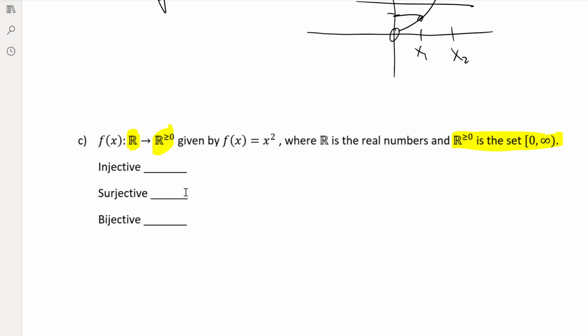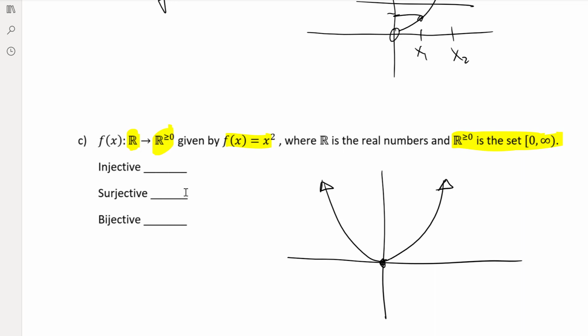What about with that domain and range and this rule? Is this function injective, surjective, or bijective? So once again, of course, we have the same formula. But now, thinking about what's really happening, we're defining this on positives and negatives, and we will get every value, including 0, and any value going to infinity, by choosing negatives or positives, producing this parabola.